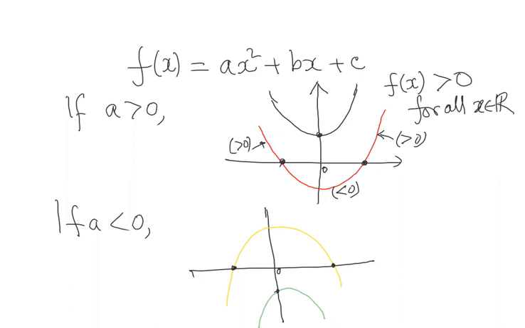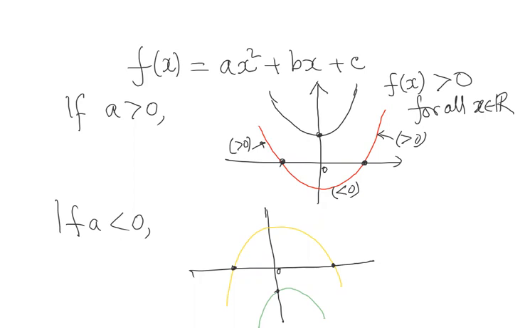If a is positive, it would be an upward opening parabola, as can be seen from the black and red curves. If it does not have any real root, then it would be the black curve. That is, f(x) would be greater than 0 for all x belonging to R.